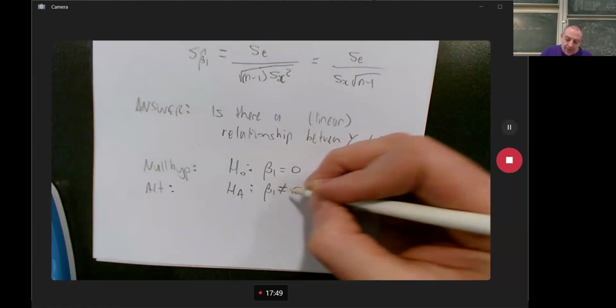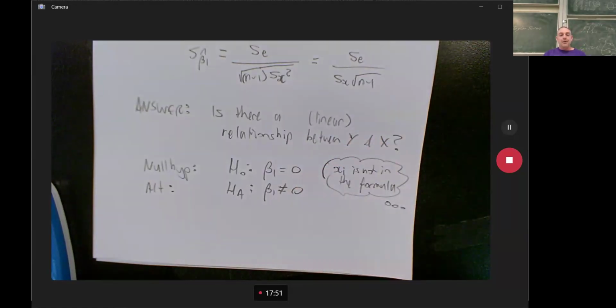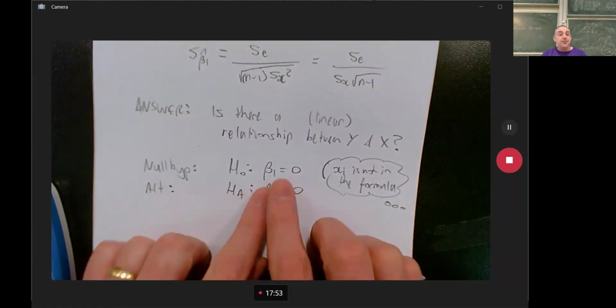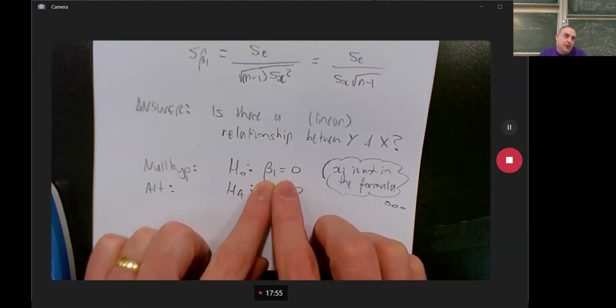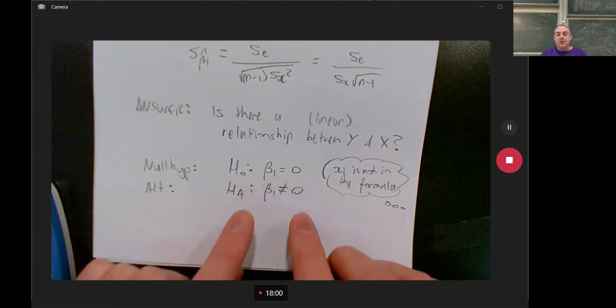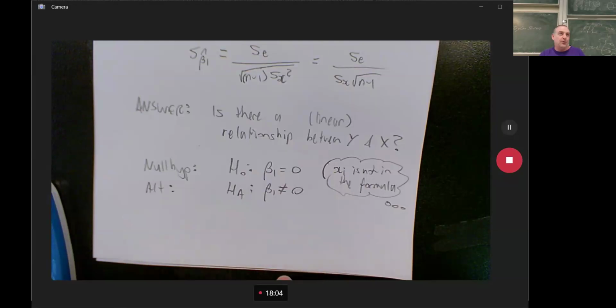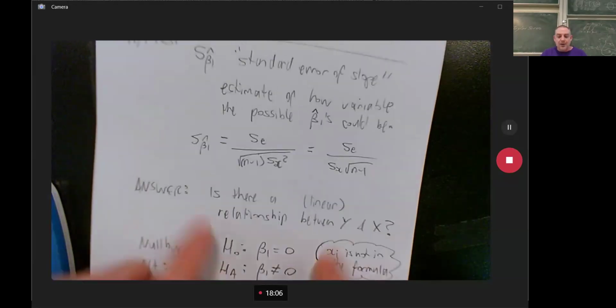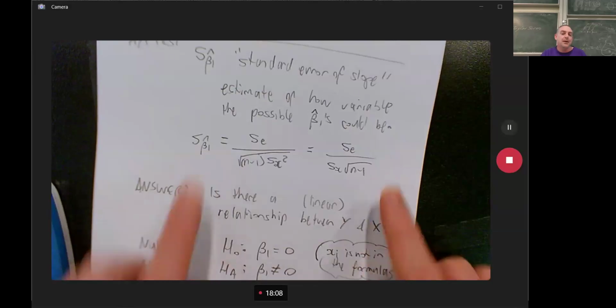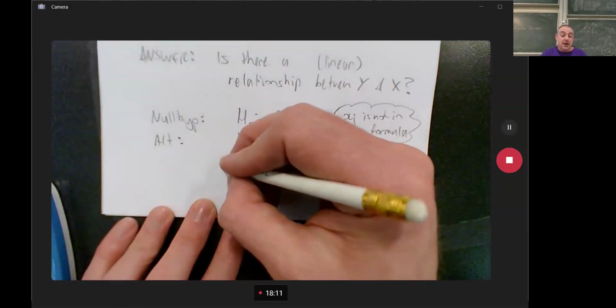So now it's a hypothesis test, and it's about the number beta 1, which we don't know. And that means we have to compare, based on beta 1 being 0, all the beta 1 hats that we could have gotten to the one that we did get, which is why we need to know this. And so what we do is we do a t calculation.